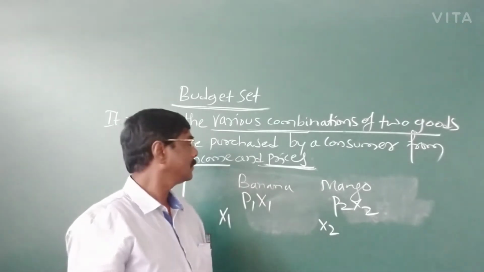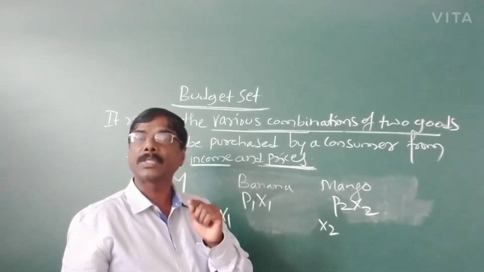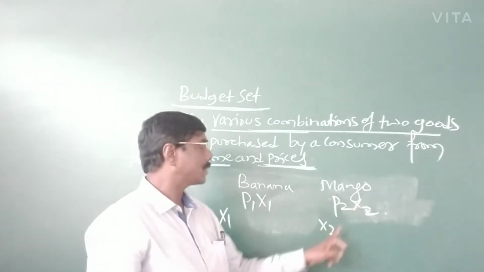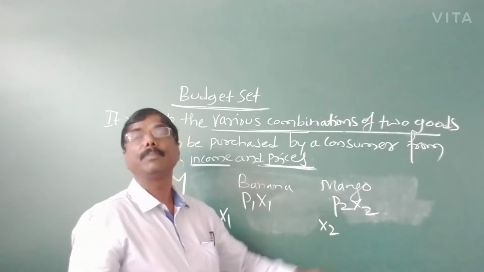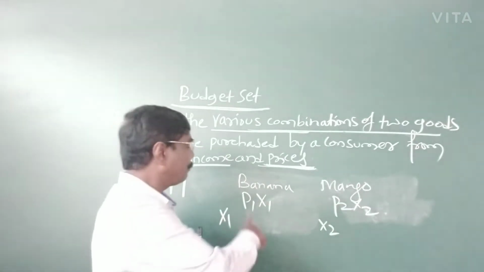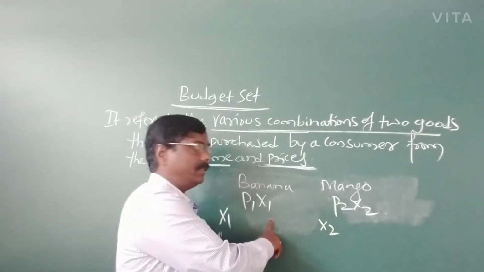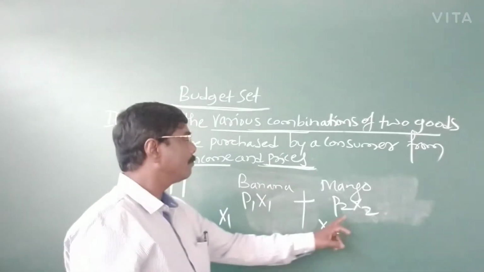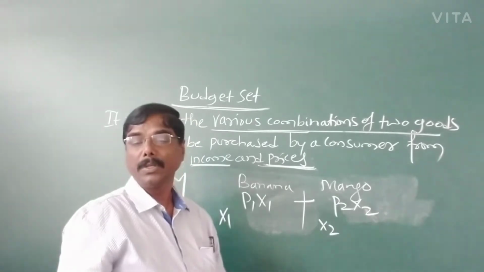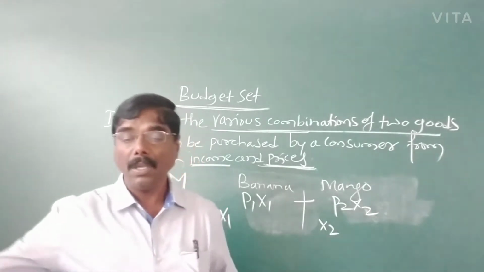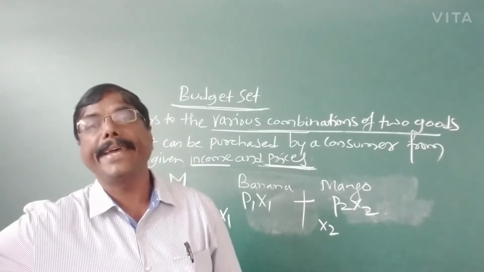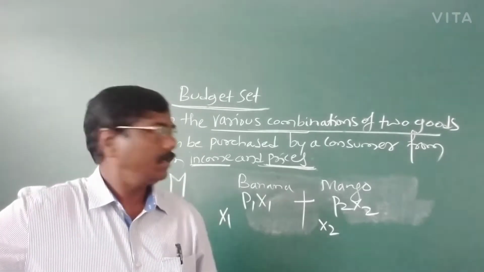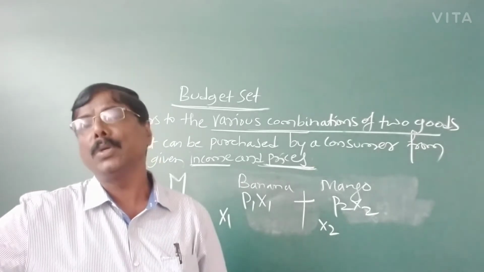So, to buy X1 quantity of banana and X2 quantity of mango, he has to pay P1 X1 plus P2 X2.